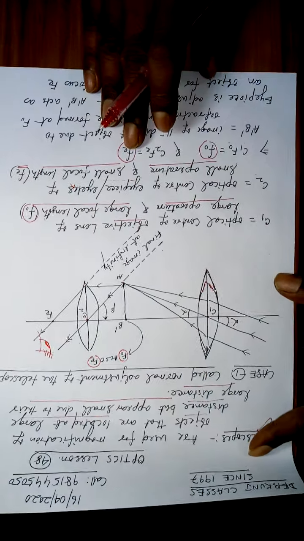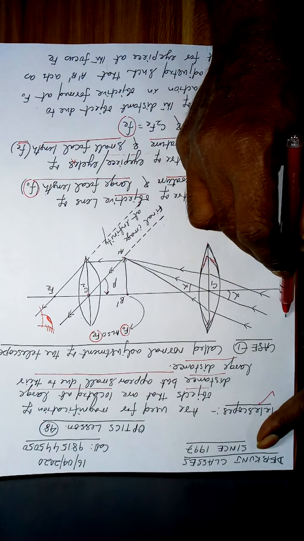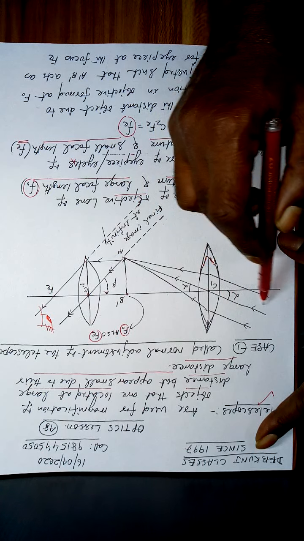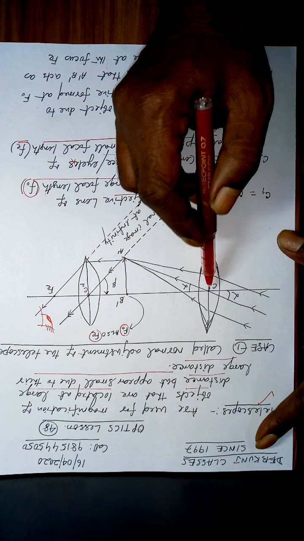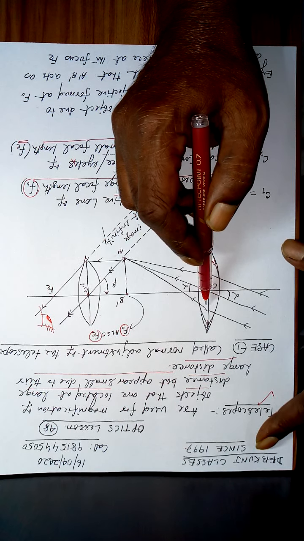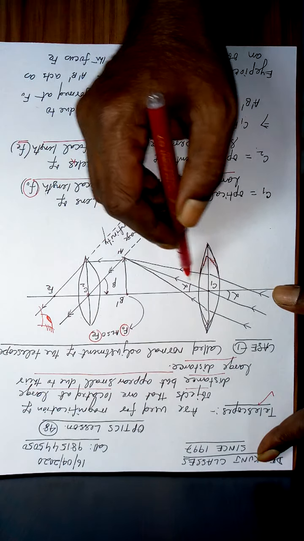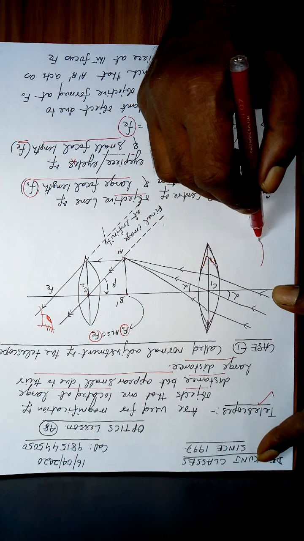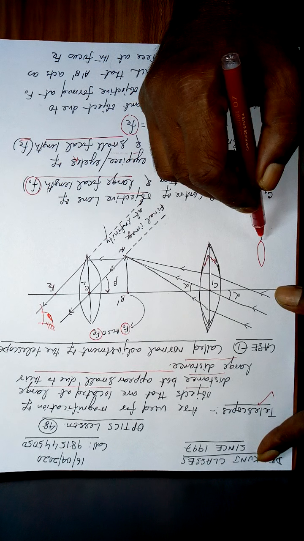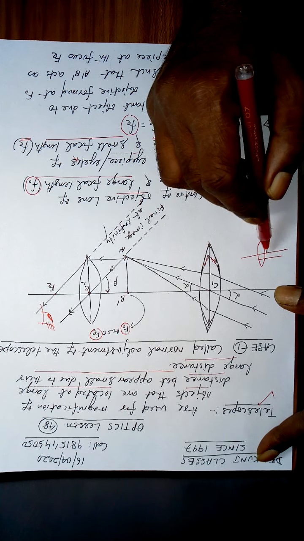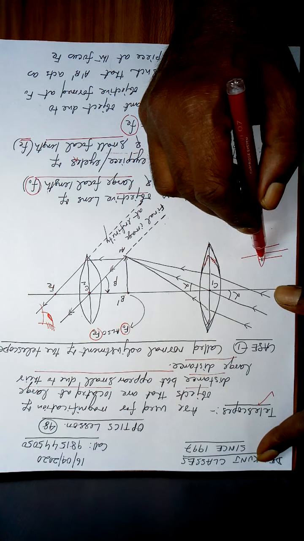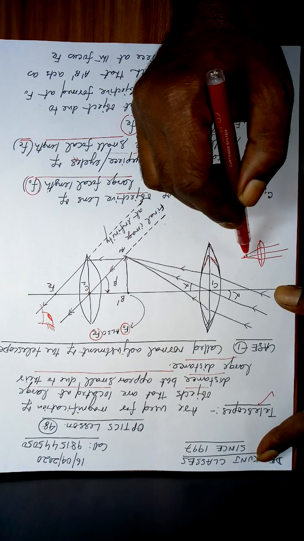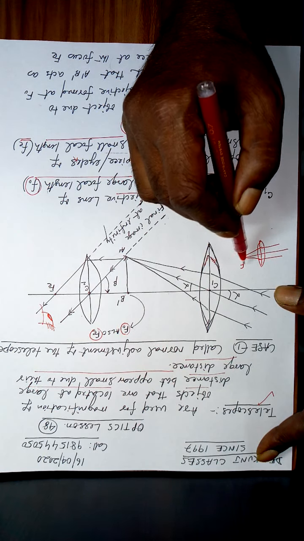Now what's happening here is, since the object is far off, the rays of light are parallel. We know parallel rays meet at the focus. If the lens is like this and the rays are parallel to the principal axis, then they meet at the point called the focus of the lens.